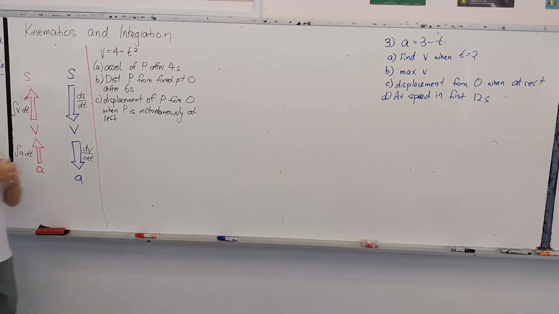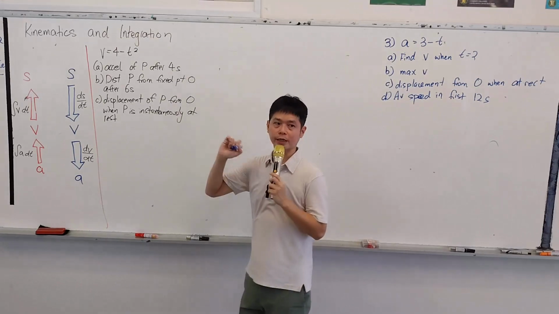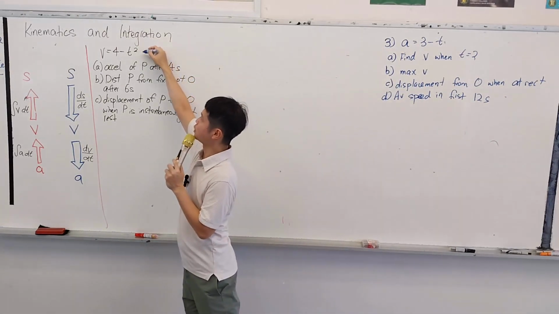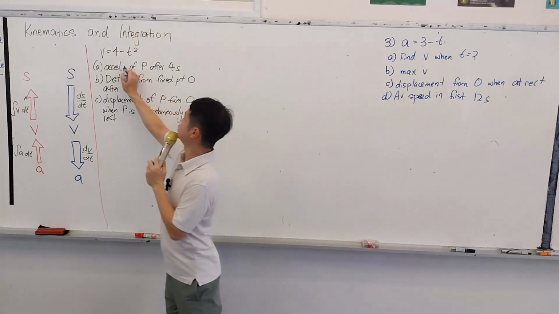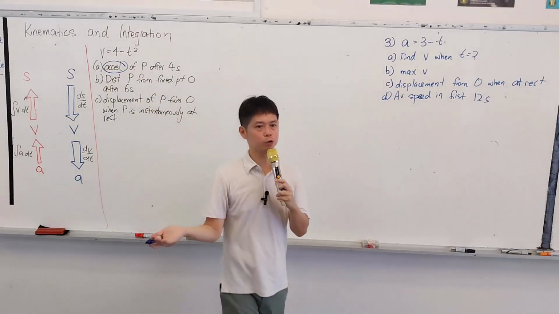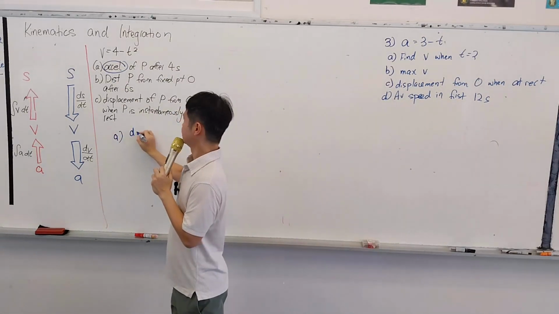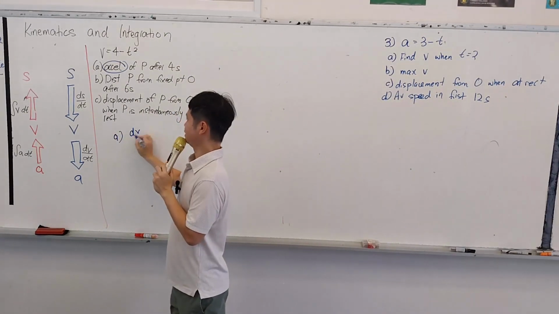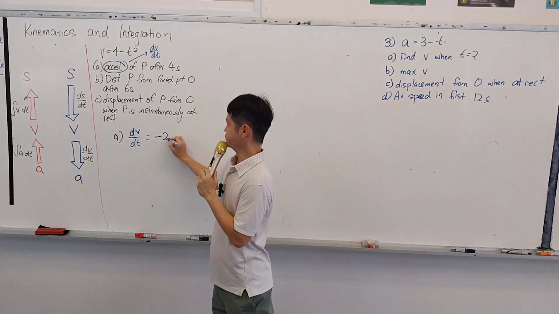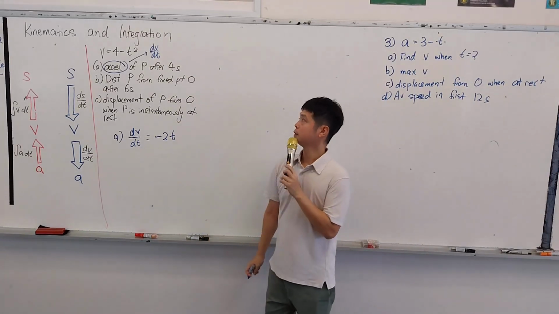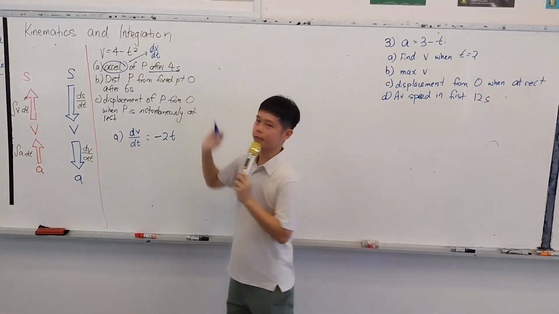Okay, let's answer this question. Let's find the acceleration after 4 seconds, given the function v is 4 minus t squared. So the question is, I need to find acceleration, then just tell yourself what to do. This topic is very straightforward. So I need to do dv/dt. What do I need to do? The question says after 4 seconds.